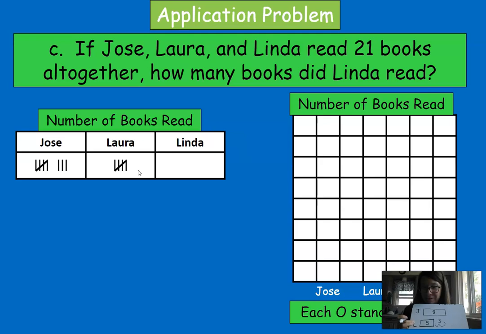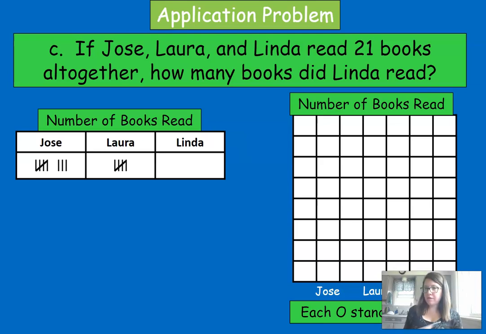That's the only information we know. So I'm going to take Laura and Jose and add those 2 together, because that's going to give us a starting point. So we have Laura and Jose, 8 plus 5. And what's 8 plus 5? It's going to give us 13.